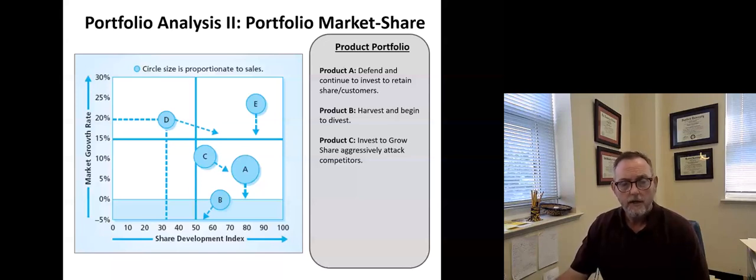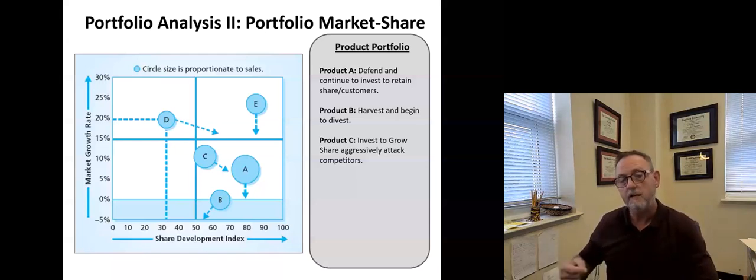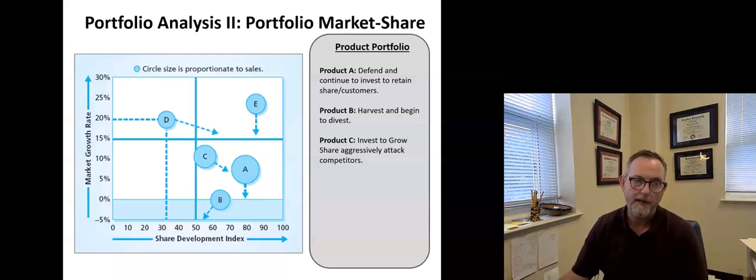Product C. So product C is one where what you'd like to do is take share away from others so you could grow your market share. Since it's still in a cash cow position, you're not in a strong cash cow position. So in other words, there's opportunities here for you to grow revenue, not from market growth, but from taking existing customers from other competitors.